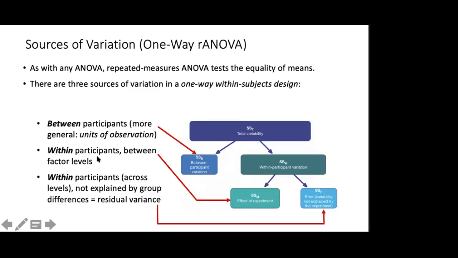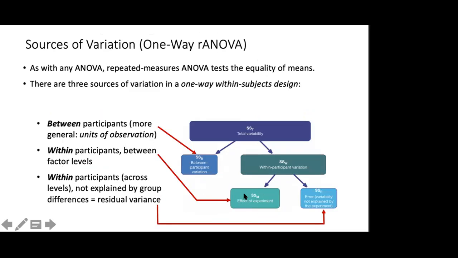And then we have the within participant variability. Basically we have two parts, right? Two sources of within participant variability. One is the variability across the levels of our factor, so across the repeated measures for a given participant, right?